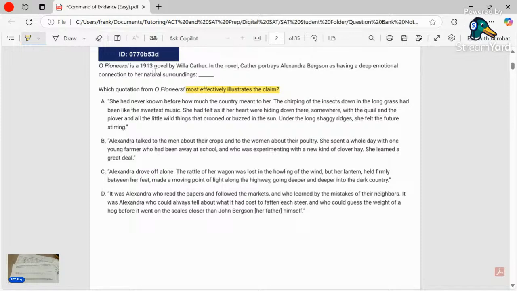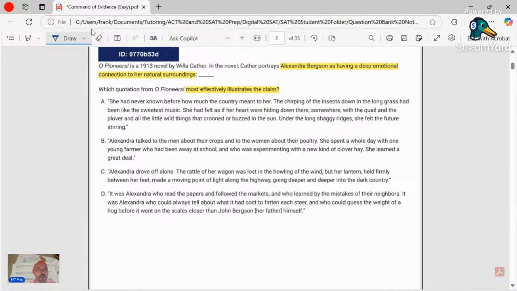Oh, I guess it hung up on me. Nope, it's still there. Oh, Pioneers is a novel. In her novel, Cather portrays Alexandra Bergson as having a deep emotional connection to her natural surroundings. So I want: Alexandra Bergson has a deep emotional connection to her natural surroundings. You can put that in your own words and write something down. Deep connection, nature.